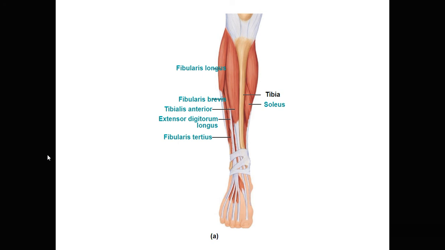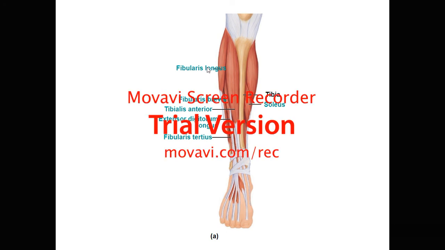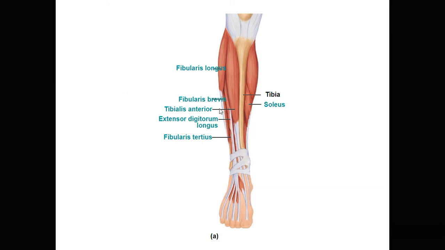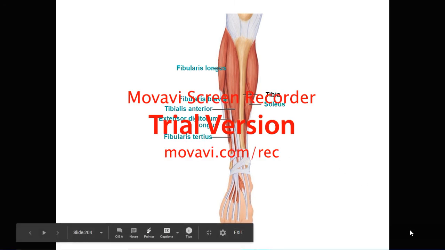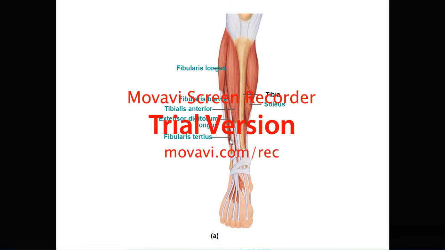All right, so this is showing you the tibia bone, soleus muscle, fibularis longus muscle, fibularis brevis, tibialis anterior muscle, extensor digitorum longus muscle, fibularis tertius right here.